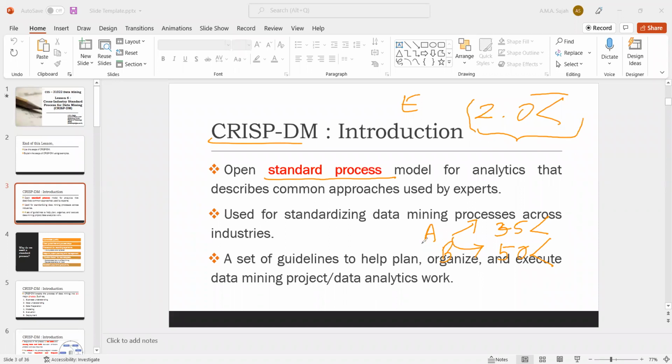What will happen? Anyone tell me, what are the disadvantages whenever you don't follow any standard mechanisms? Just think about your degree. Different universities provide different standards for providing degrees. What will happen?